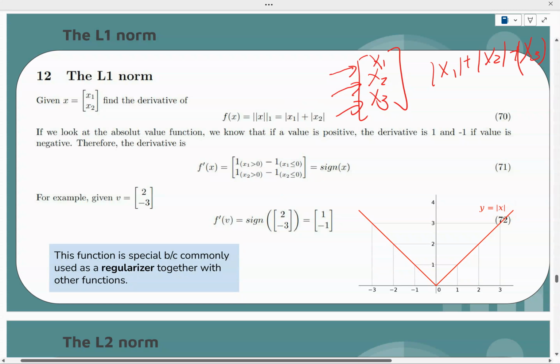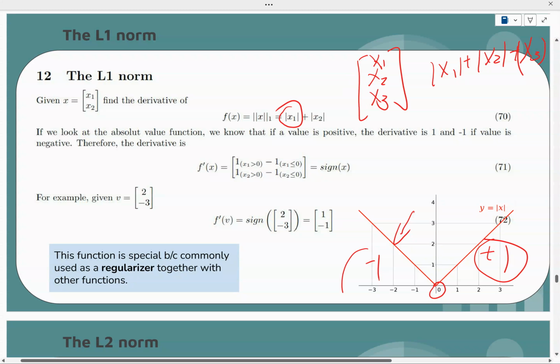Now, the absolute value function looks like this. So the derivative for any value less than 0 is simply -1. And the derivative for any value greater than 0 is +1. Therefore, all you really need to look at is the sign. So the derivative with respect to x1, you look at the sign. If the sign is positive, then it's equal to 1.